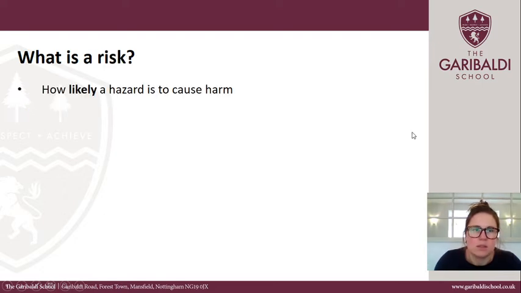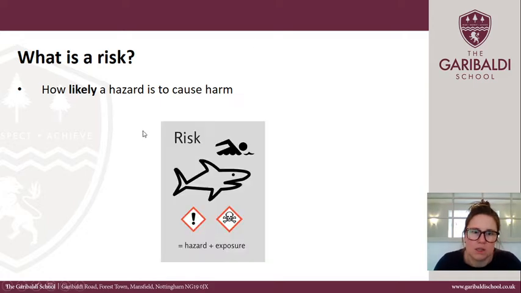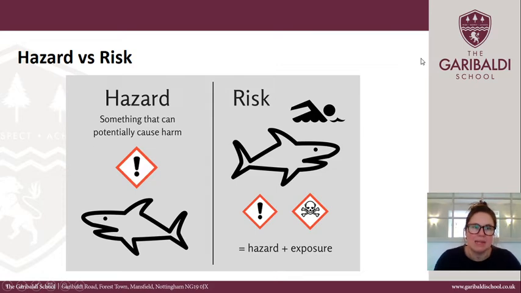Now we'll look at risk. So a risk is how likely a hazard is to cause harm. So it can be talked about as hazard plus exposure. So what that means is a shark is a hazard. It could cause you harm. Your risk is the hazard, the shark, it could be harmful, plus exposure.